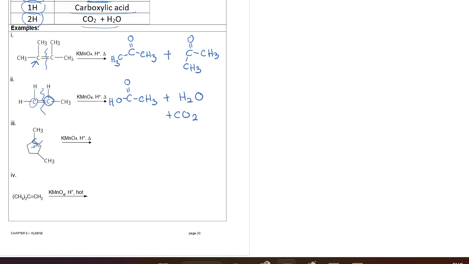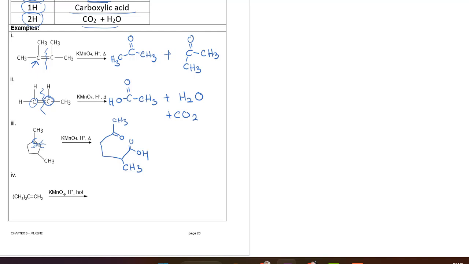This carbon has no hydrogen, so that carbon will become ketone. You just follow the shape. While this carbon has one hydrogen, so at this end it becomes carboxylic acid.